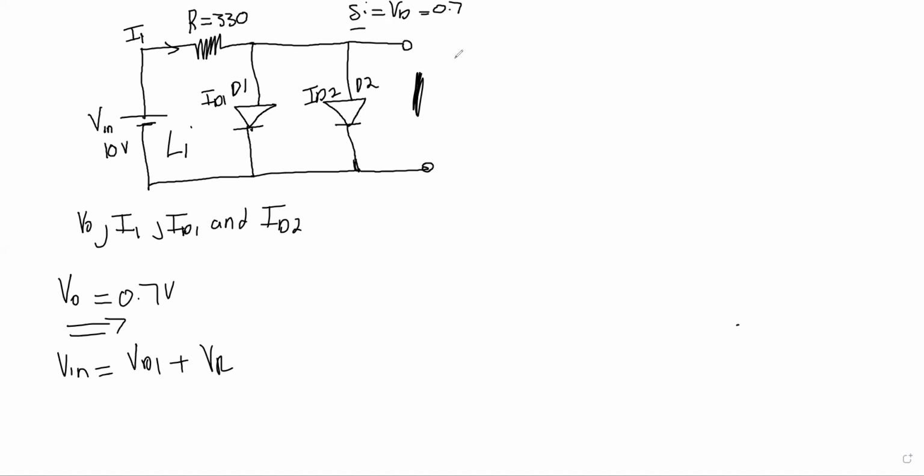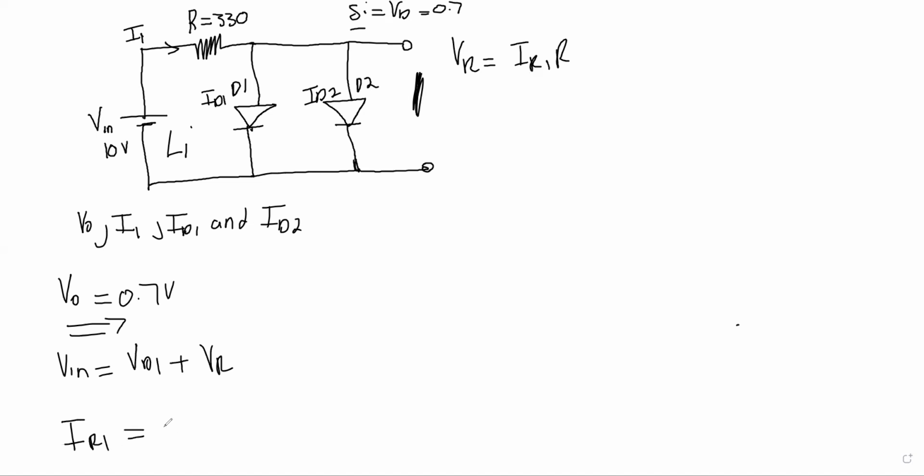What is VR? VR is equal to IR1 times R. To determine the current in loop 1 and to derive that formula, I've shown it in the first video. If you didn't see the first video, please go and watch it. I've explained how to derive the formula, so now we'll just write it.